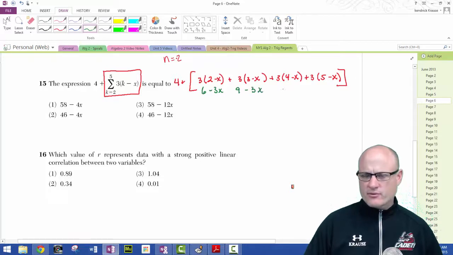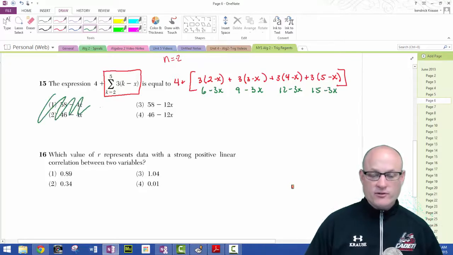Oh, that 3x was repeating itself, huh? 12 minus 3x and 15 minus 3x. So it's minus 12x, so it can't be one of these two. There's 4 minus 3x's. Now I just got to add these up.